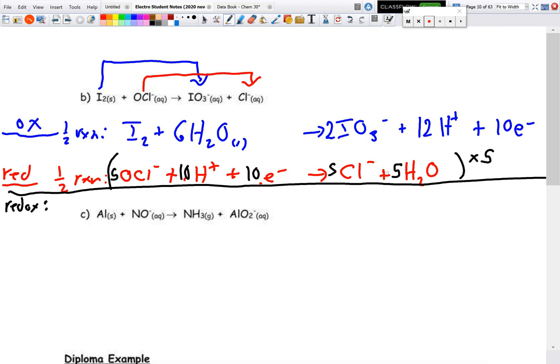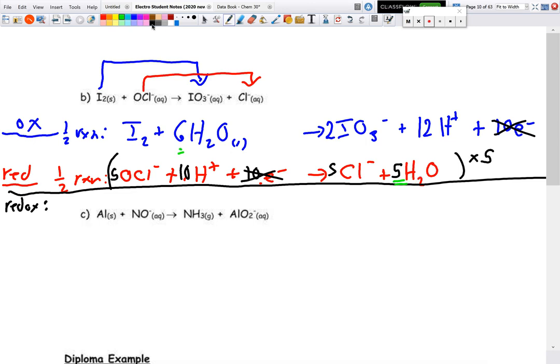Alright, so now we are going to see more things canceling out than just the electrons. So we know that we have 10 electrons in my oxidation half reaction, 10 electrons in my reduction. So the total number of electrons are going to cancel out. Now, as for the other things, we will notice that from my oxidation half reaction, I have 6 waters, and in my reduction half reaction, I have 5.